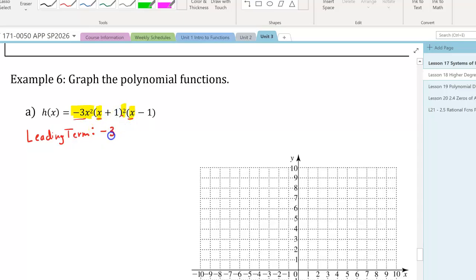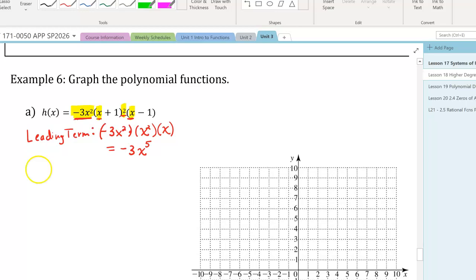So we have a negative 3x squared to start with, times an x squared because this binomial is squared, and then an x because there is no power out here. If we multiply those together, that's going to give us negative 3 x squared times x squared is x to the 4th, times another x will give you x to the 5th.